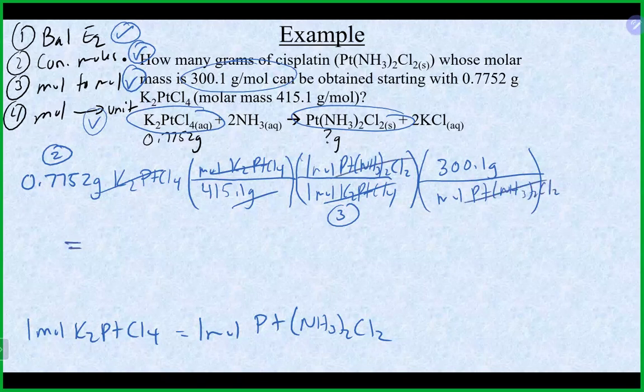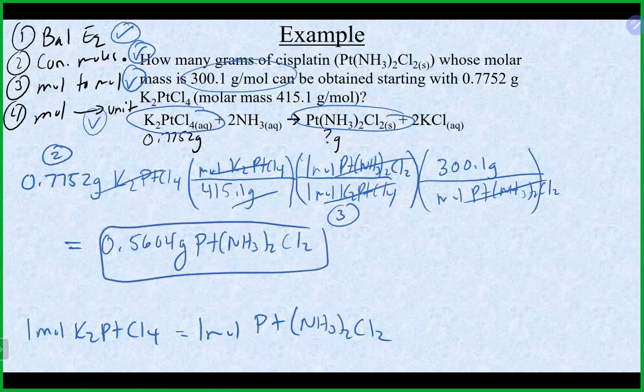That's going to get us 0.7752 times 300.1 divided by 415.1, which looks like 0.5604 grams of PtNH3Cl2. Again, because this is a product, this would be your theoretical yield in this case.